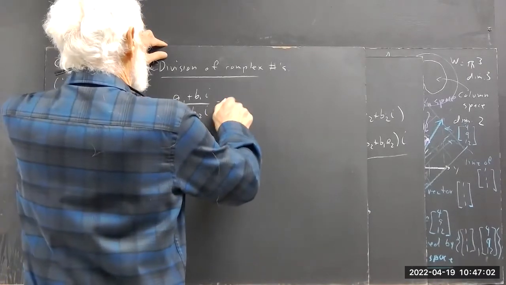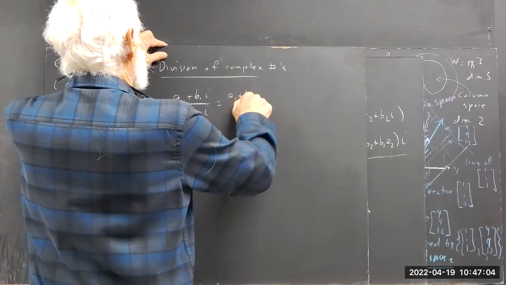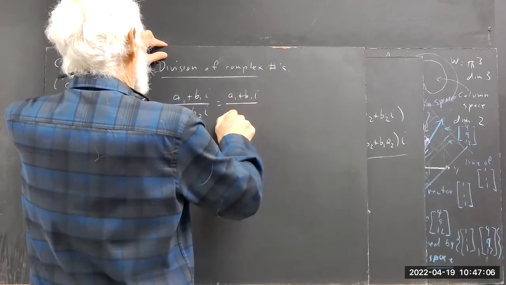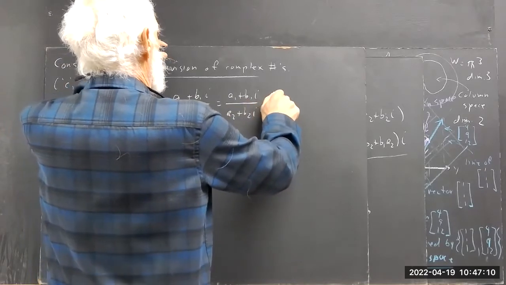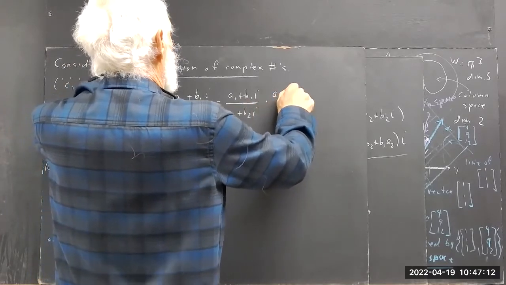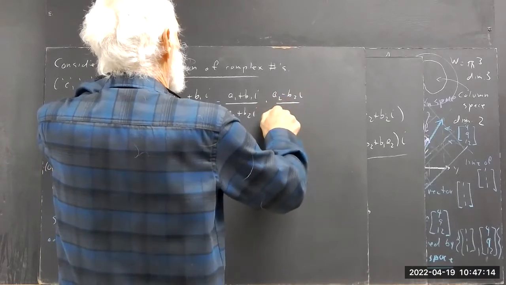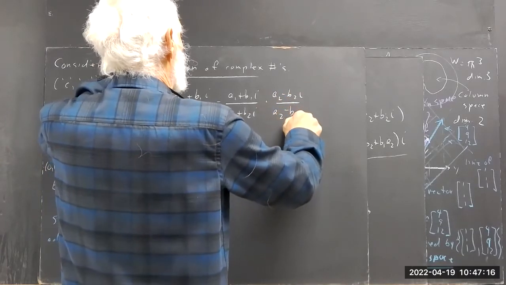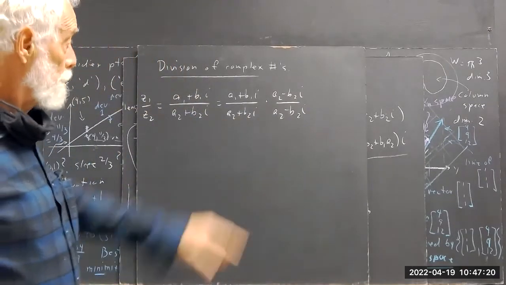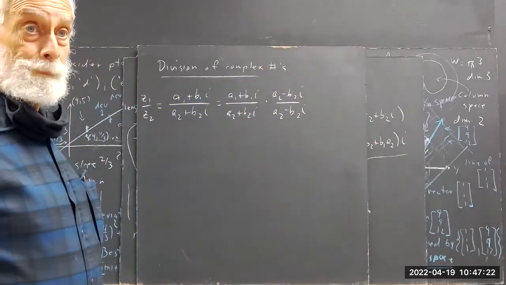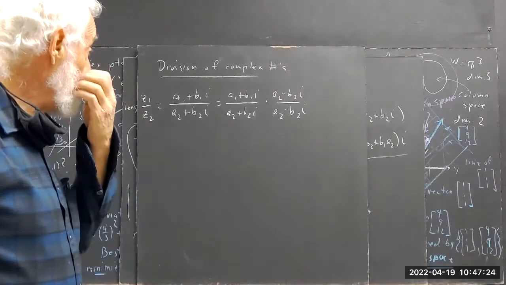Well, that's equal to (A1 plus B1 i) over (A2 plus B2 i) multiplied by (A2 minus B2 i) over (A2 minus B2 i). Okay, because of course this is just 1, since the numerator and denominator are the same.